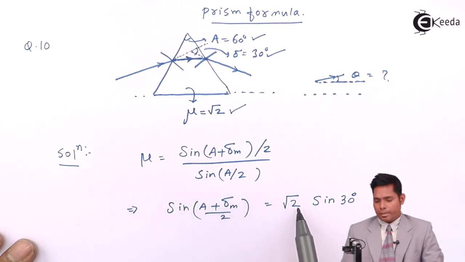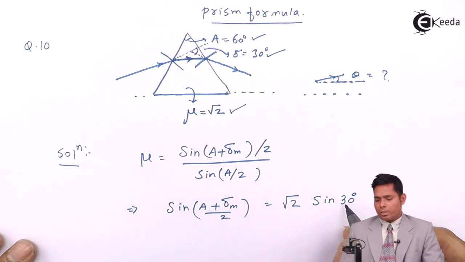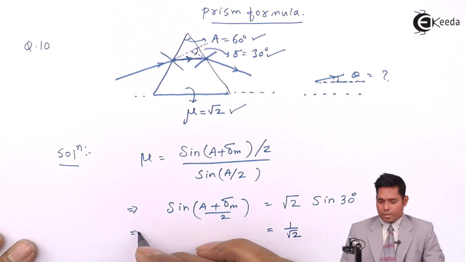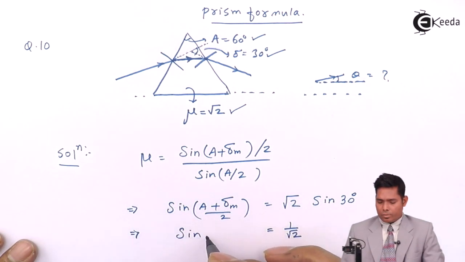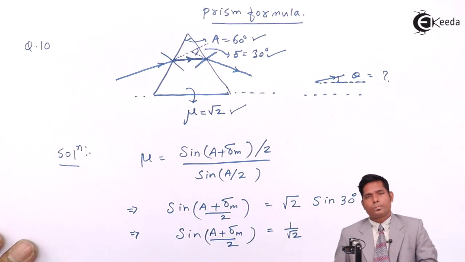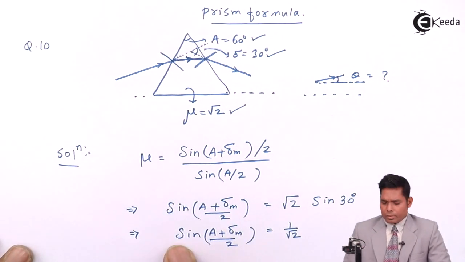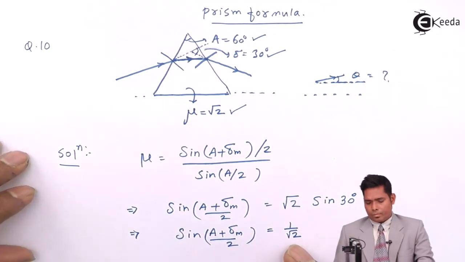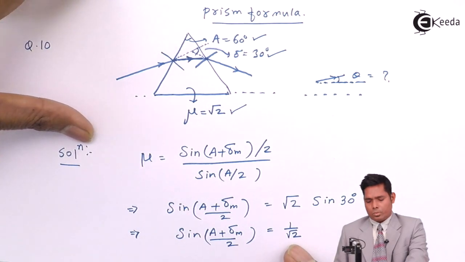These two are multiplied here. Sine 30 is half, so √2 by 2 is 1 by √2. So this comes out to be 1 by √2. And this part is sine of (a plus delta m) by 2. And what angle has sine equal to 1 by √2? It is sine 45 degrees.